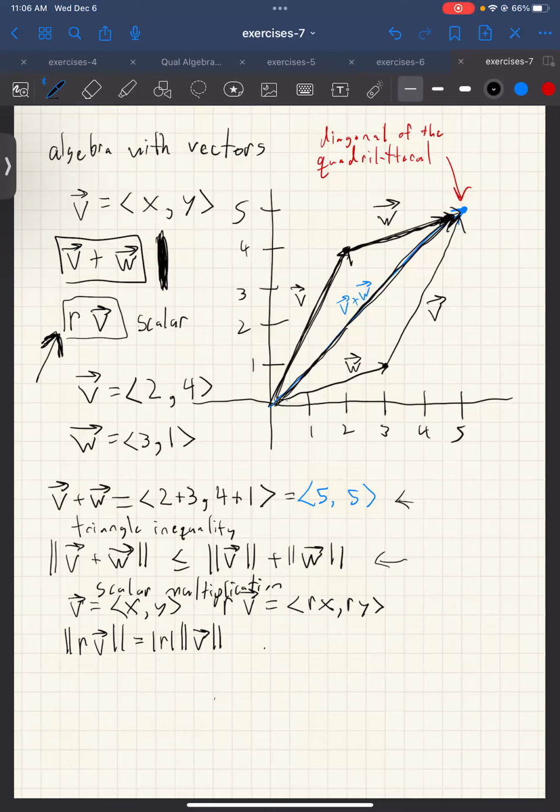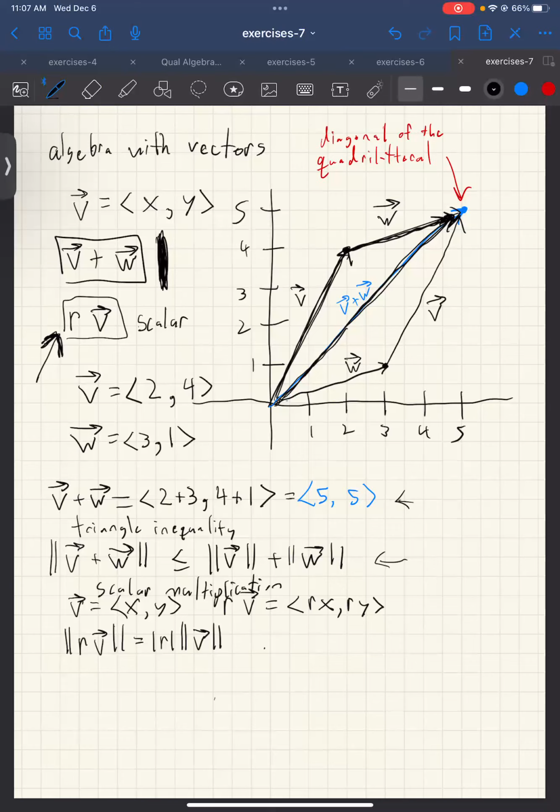You're just making it twice as long for that example, but maybe if we have -2, we're also flipping that direction. So we want to put an absolute value there to let us know that our magnitude does have to be positive.